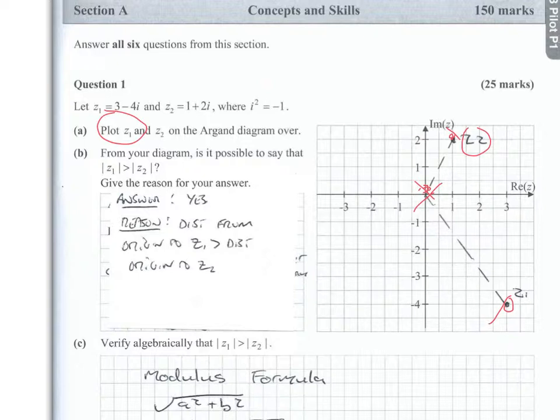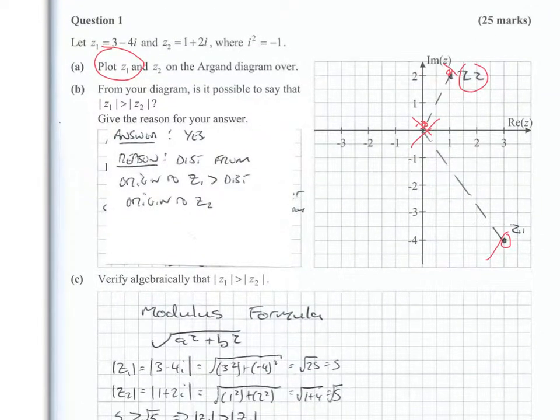So in 2013, they gave you 2 points to plot, and don't get confused by them calling them Z1 or Z2. It's just so that they can differentiate between the two different complex numbers in the question, okay? So they gave you 2 complex numbers, they asked you to plot them, so you should be able to do that.